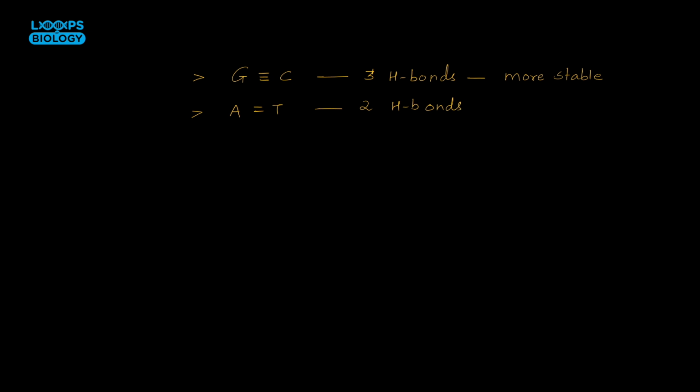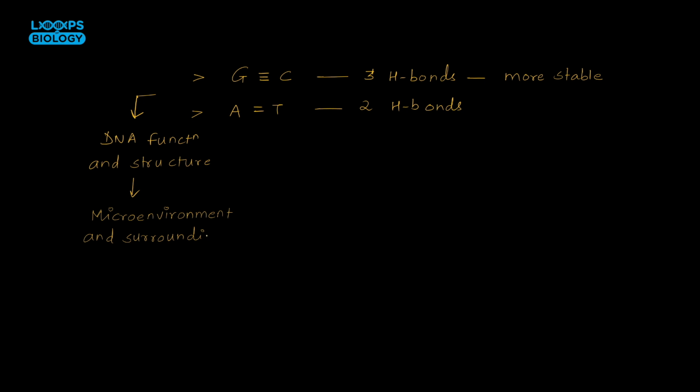So whenever I am deciding the function of DNA with respect to surroundings, whenever I am considering DNA function and structure with respect to microenvironment and surroundings, what do you mean by microenvironment?